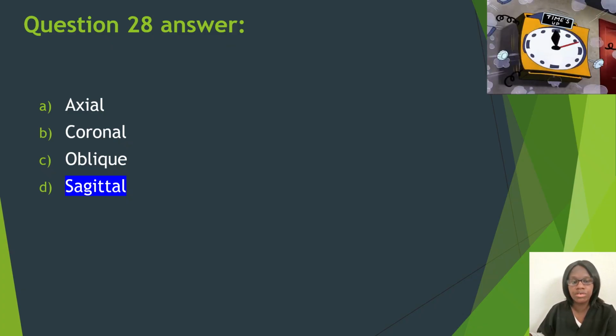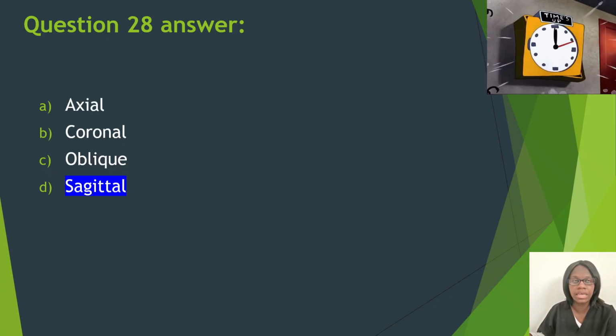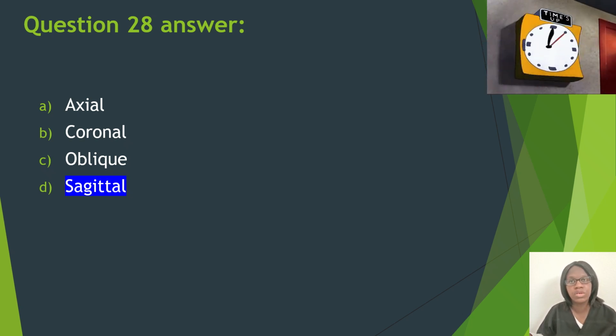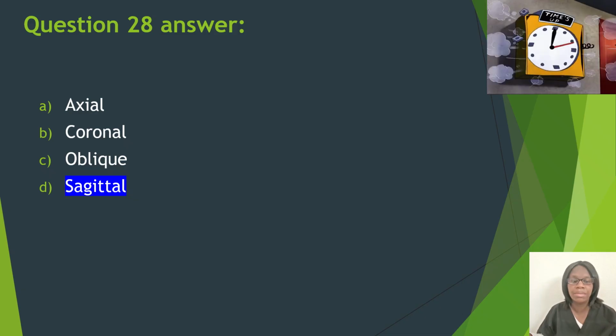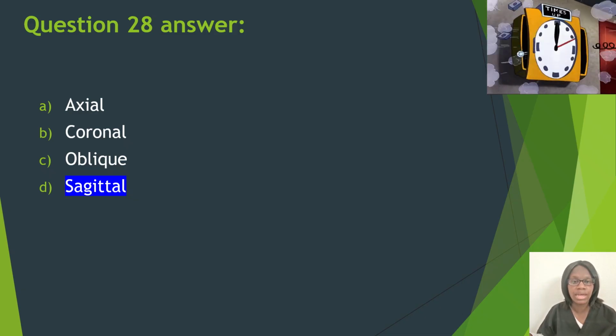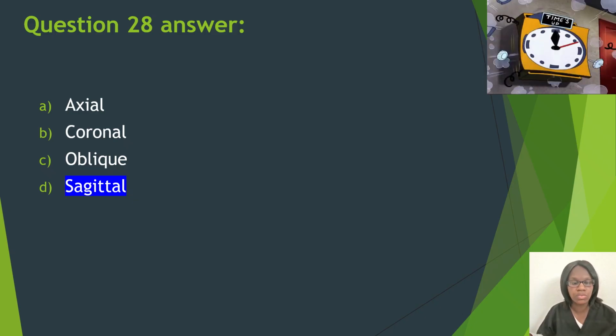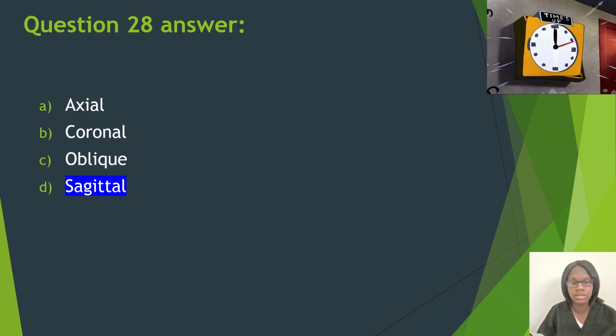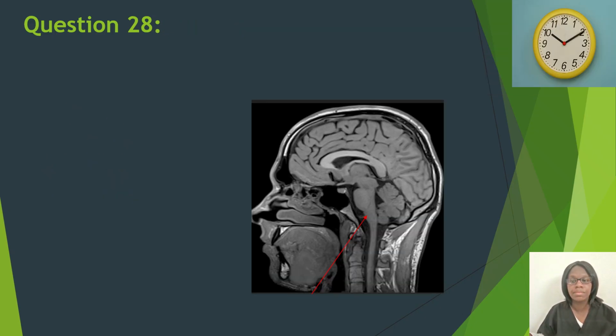I'm sure most of you probably know your imaging planes like axial, coronal, sagittal, but for someone who has not had that much training or experience recognizing their imaging plane, I still just want to throw it in so that someone else can know.